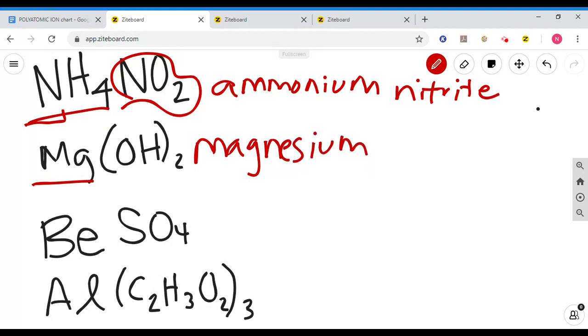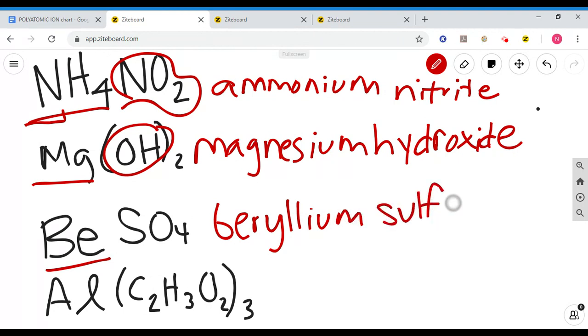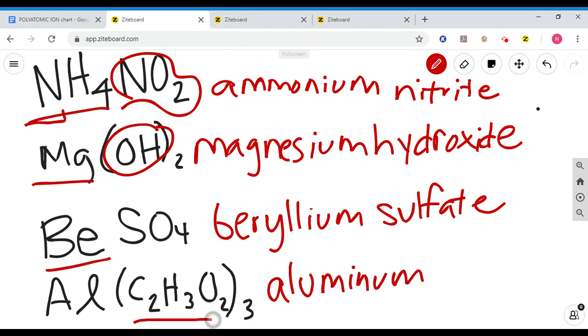This ion is also kind of tricky, OH. This is hydroxide. We got Be. This is beryllium sulfate. And we've got aluminum. And this guy is acetate.